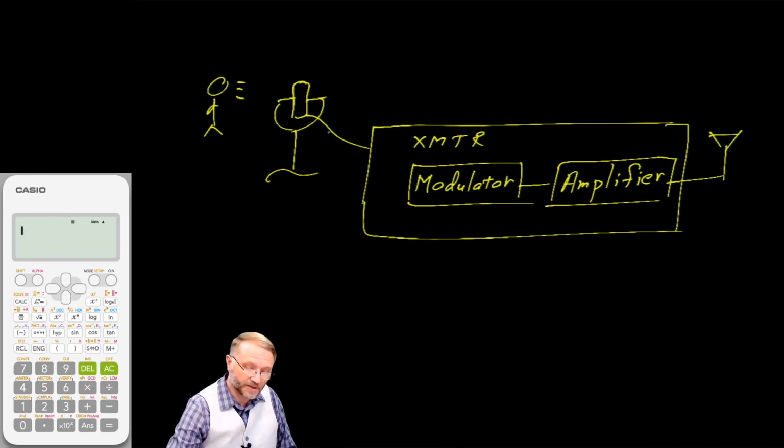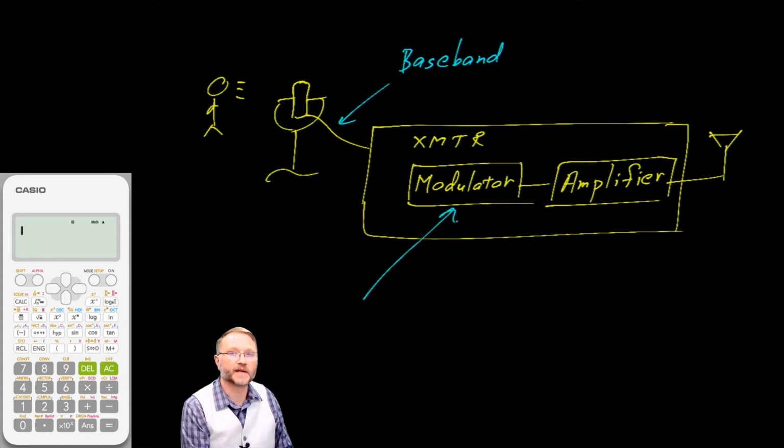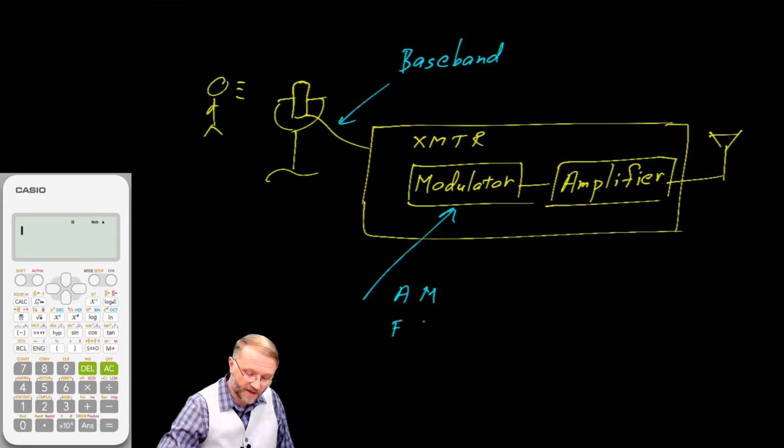Some terms we're going to learn very soon are the terms baseband. And we're going to talk about what the modulator is and how it works. We know some of the terms, for example, AM, that was an analog mode, FM, LSB, USB, right?